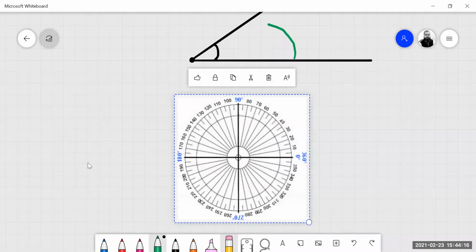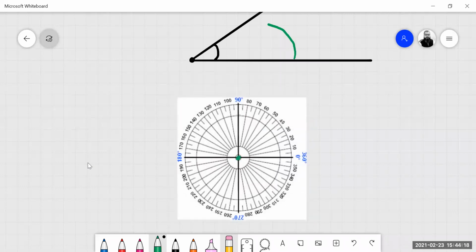If we want to draw, for example, we have a line here, and we want to measure the degrees from this point to this point, we want to measure the angle.